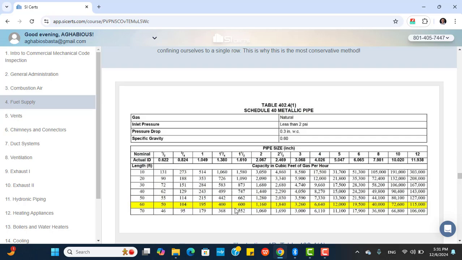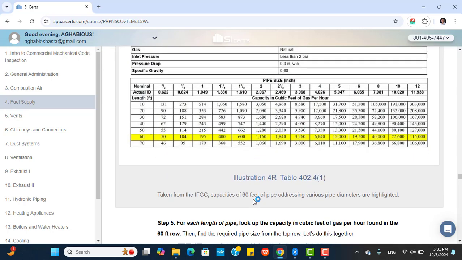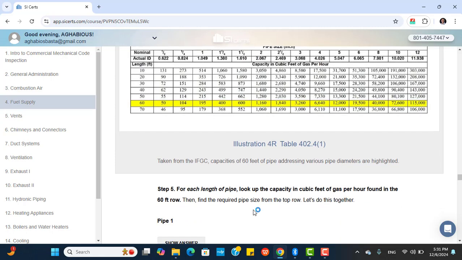As we see here, these are the different pipe sizes, and here is the amount, the capacity in cubic feet of gas per hour. Illustration for our table, 402.4.1, taken from the International Fuel Gas Code, shows capacities for 60 feet of pipe, with the various pipe diameters highlighted.